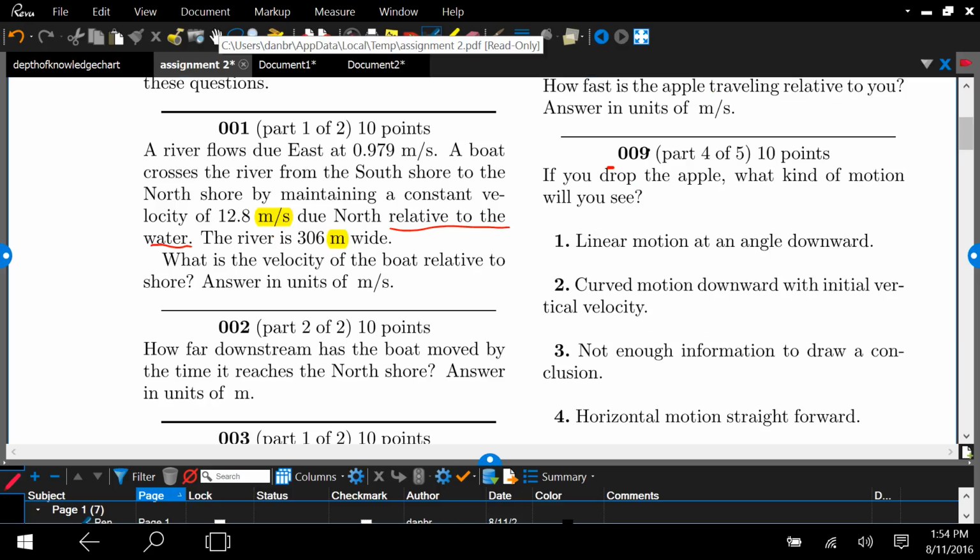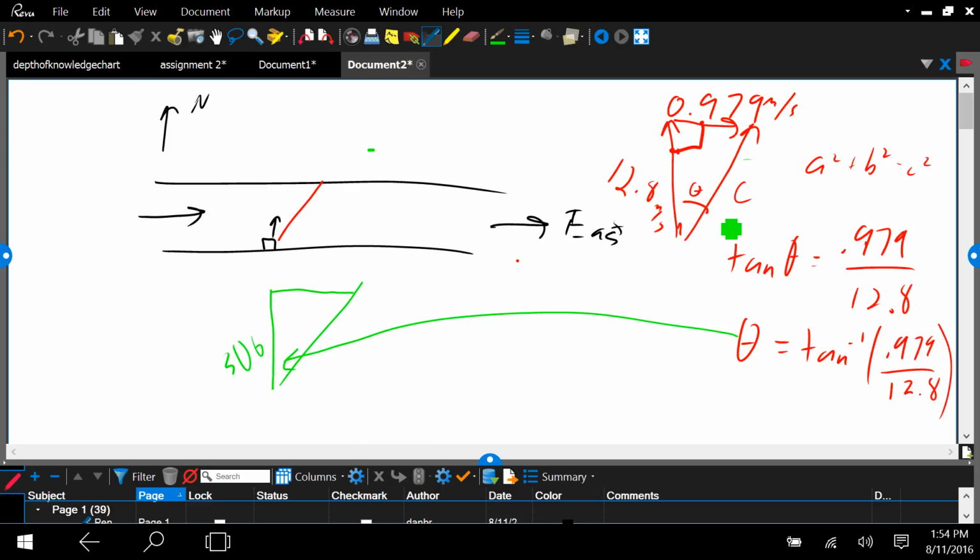So let's go back here and look at the question. Well, the second part of the question is how far downstream has the boat moved? So when I look at my problem and I look at my givens or my unknowns, I'm looking for this little piece of this green triangle. That's going to be how far downstream the boat actually moved. And because these two triangles are similar, there's just going to be a proportionality between these sides.